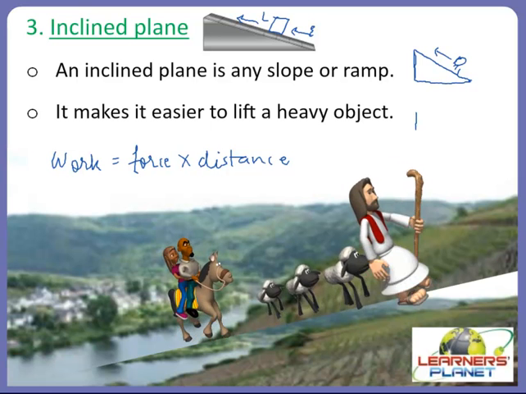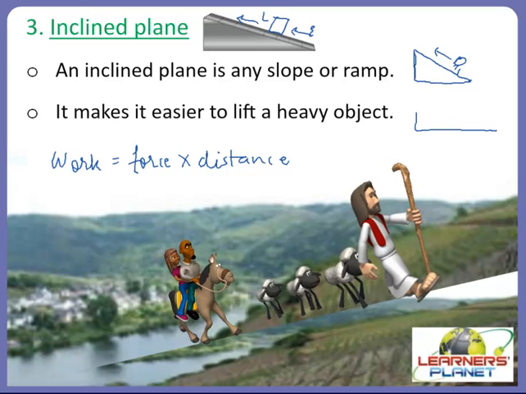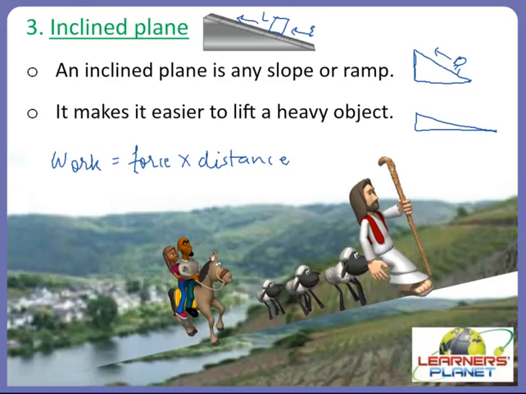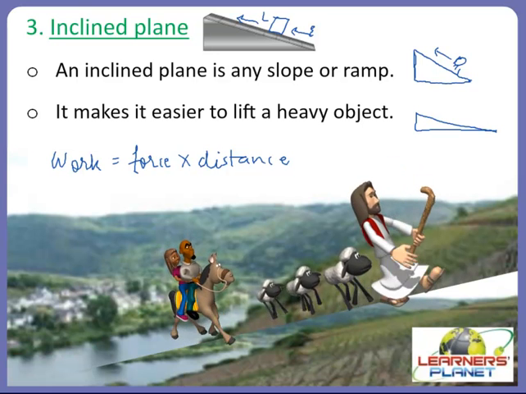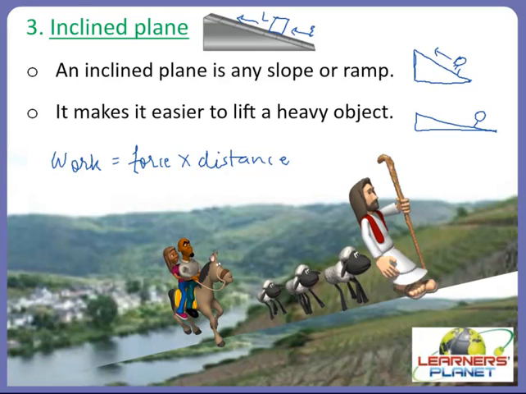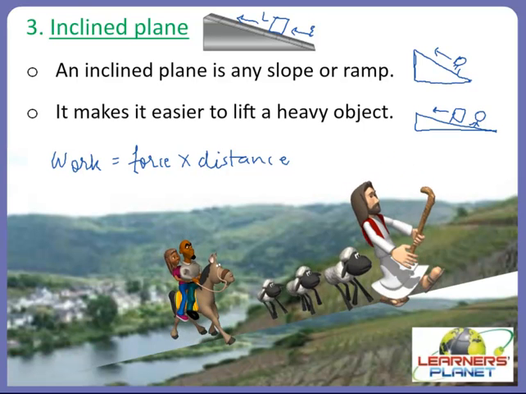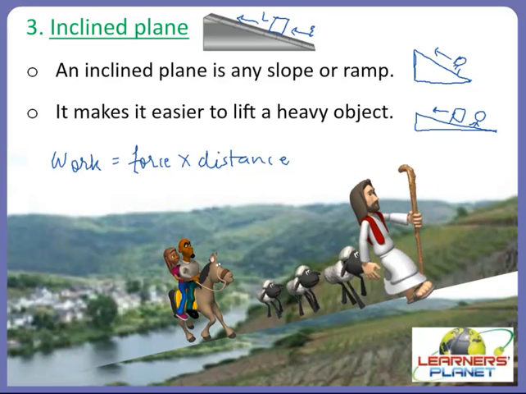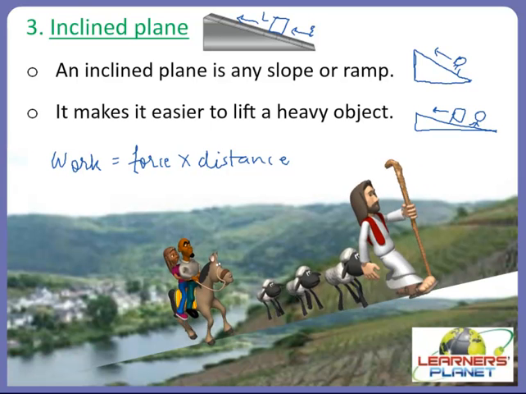In comparison to this, if the height is smaller and we make the ramp less steep, it will have to be longer. This plane will have to be a longer one, but it will be easier to push any object upwards. So either way, it's the same amount of work in the end. The work will be done.